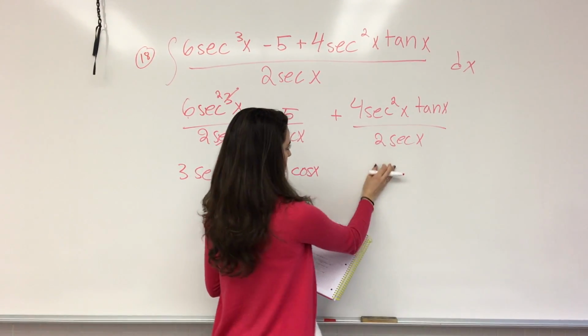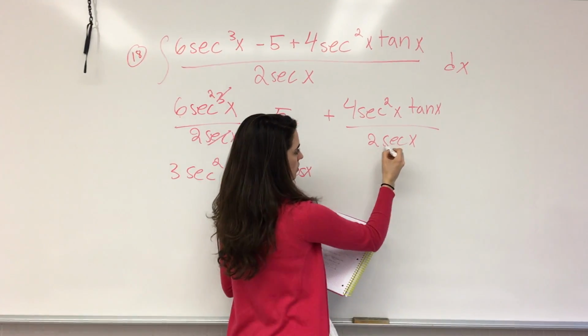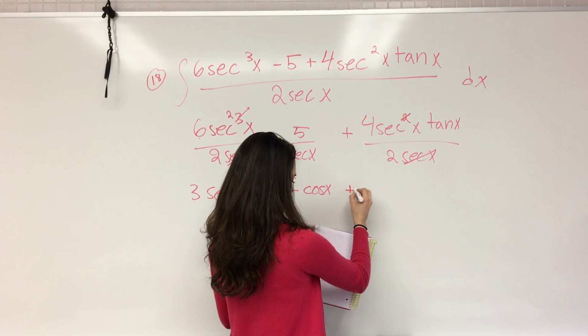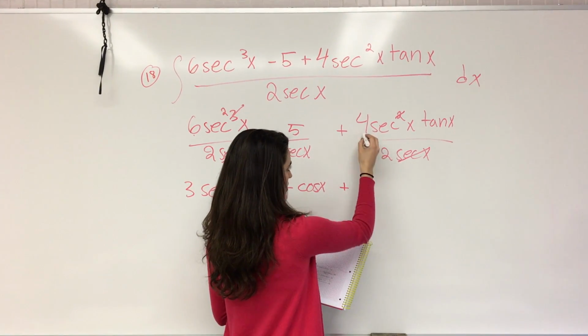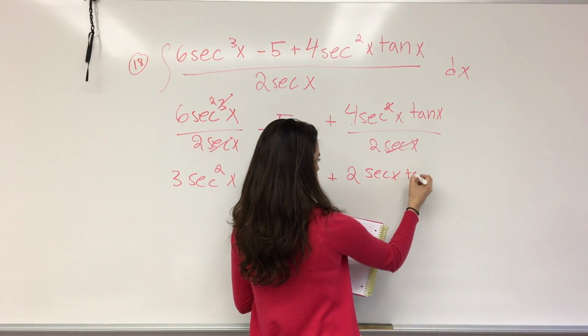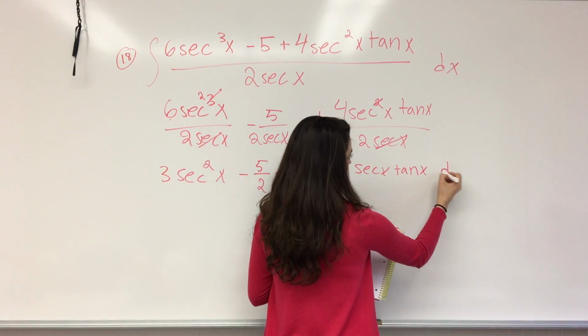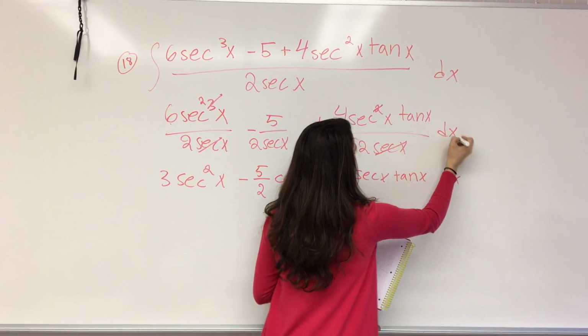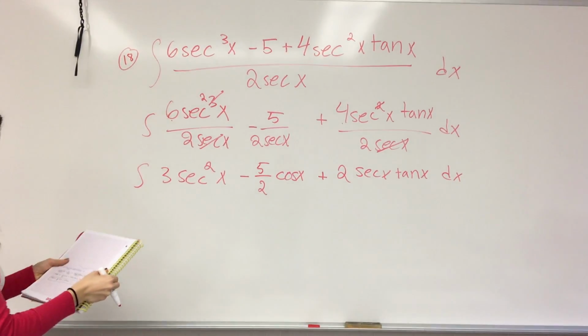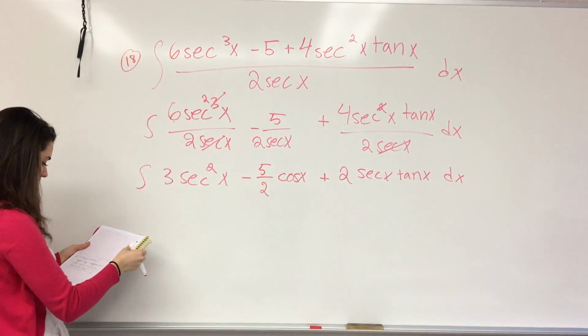And in the last section we are going to cancel these secants with this, and we're going to be left with only 2, which is 4 divided by 2 secant x tangent of x. Always write the notation. And then now we're going to write our final answer.